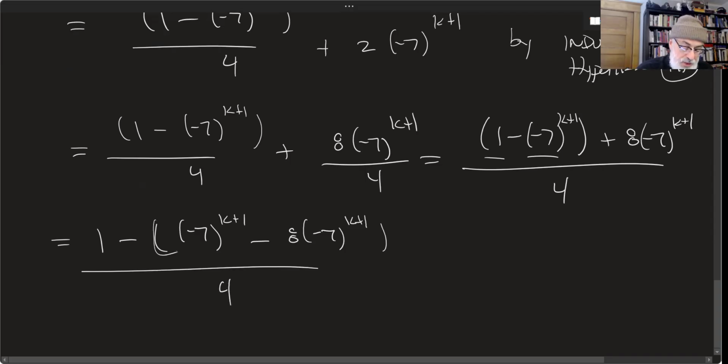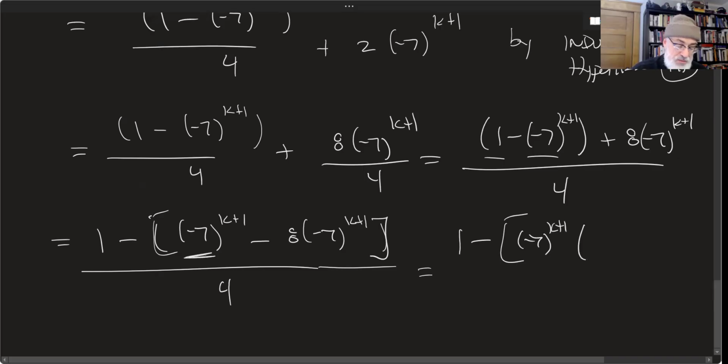Basically I'm grouping the negative 7 to the k plus 1 terms, because then we can factor that out. I leave the 1 out here, and when I take negative 7 to the k plus 1 out of the first term I'm left with a 1, and out of this term I'm left with an 8.